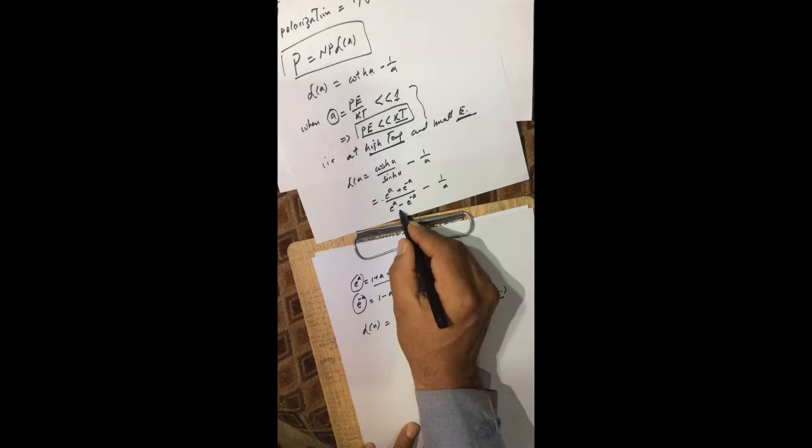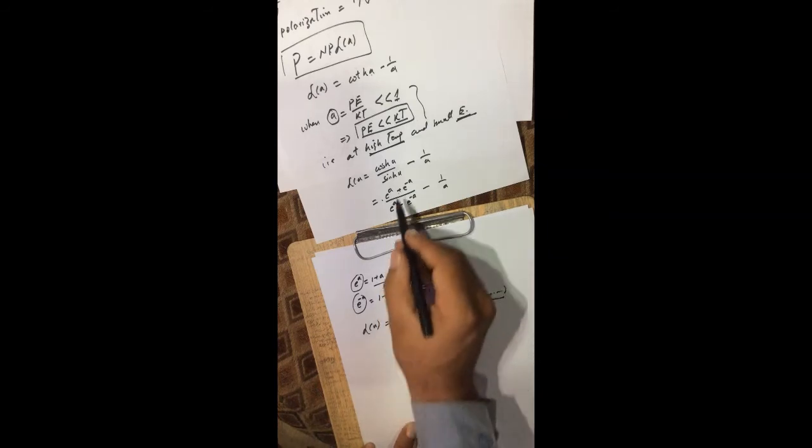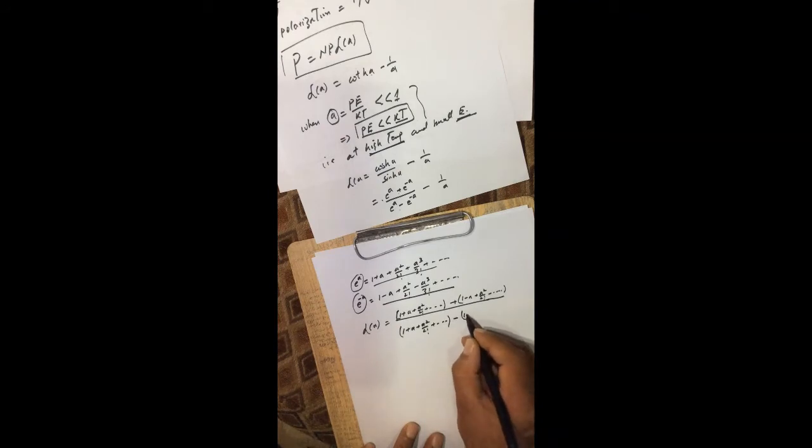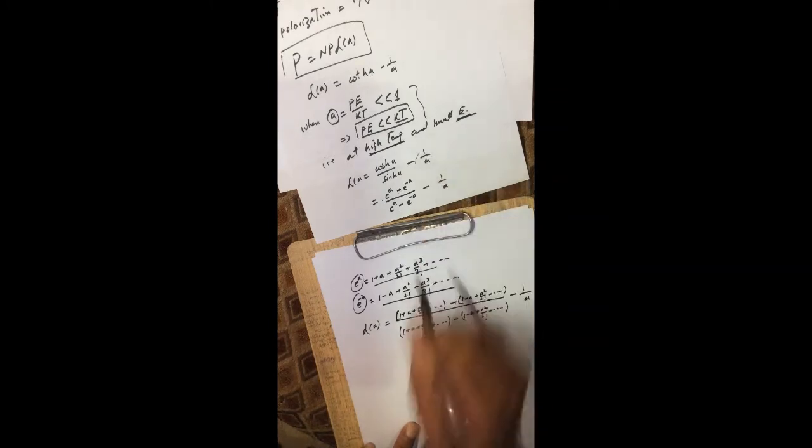And then we have this negative sign, and then we have e raised to power minus A. So instead of e raised to power minus A, I will write this one: 1 minus A plus A square over 2 factorial minus and so on. And then we have minus 1 over A.